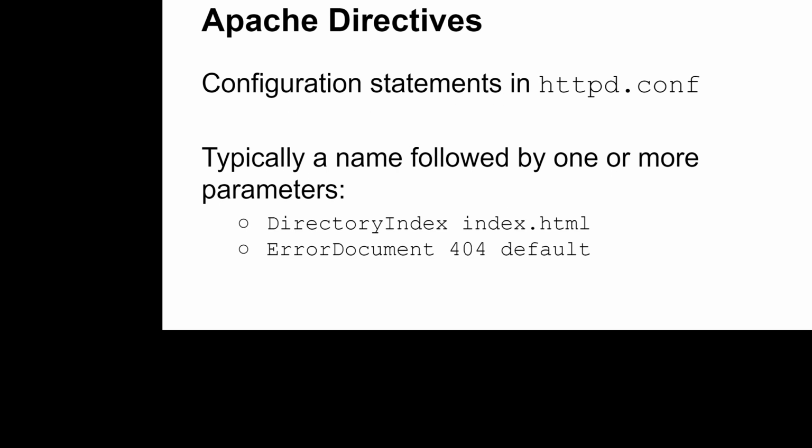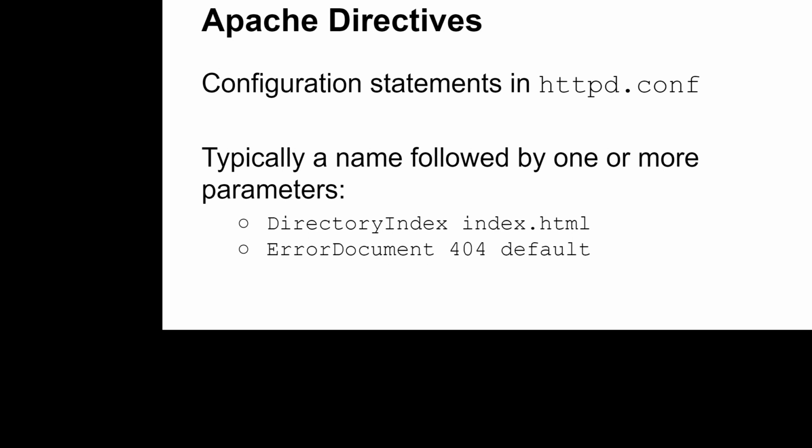So the configuration statements in httpd.conf are typically a name followed by one or more parameters. DirectoryIndex, for example, gives the name of the default document. It's what files should be looked for when a generic or general URL is requested. Another one would be ErrorDocument.